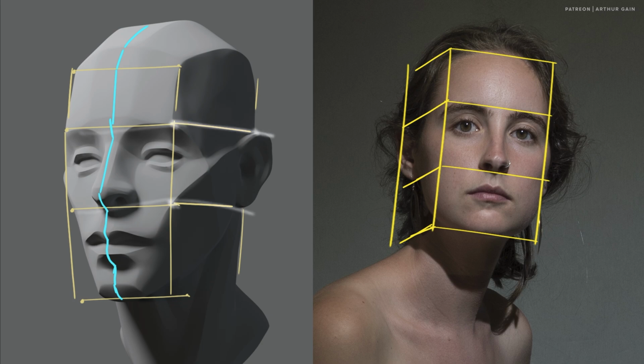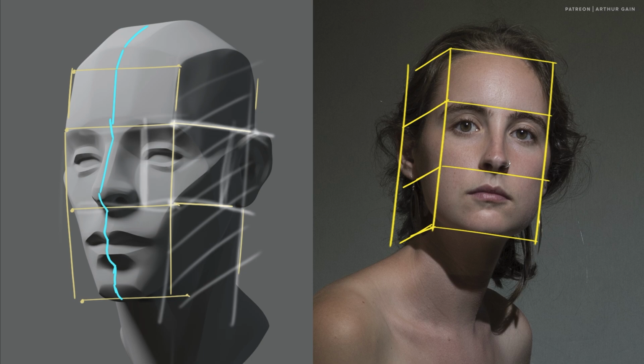To find the placement, you can just imagine the head inside of the box. One plane of the box will be the side, and another plane will be the front. And these lines are still parallel to each other. They just meet there with the same logic as the planes of the box meet.